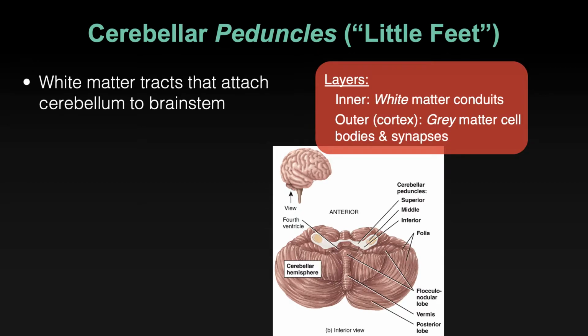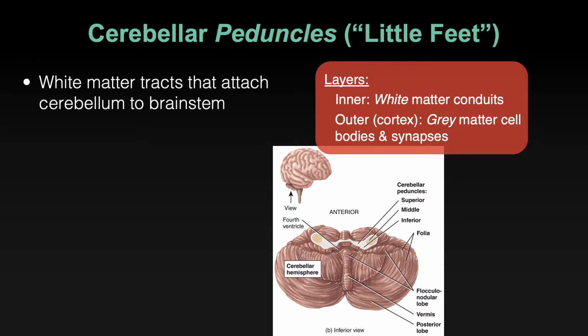So white matter, typically located inside, deep to the surface, is mostly a conduit where signals are sent, and the outer layers, also referred to as the cortex, and we'll see that coming up again today, the gray matter, contain the bodies of the neurons that connect to other neurons where synapses and calculations occur. So the connection points are white matter tracts that connect the cerebellum to the brainstem.